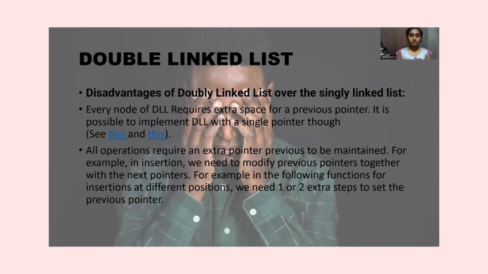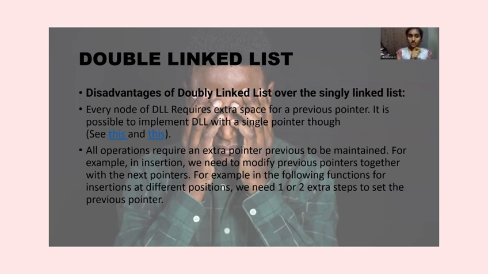And as usual, if there is some advantage in something, then definitely there would be some disadvantages as well. So now we will know the disadvantages of a double linked list over a single linked list. Every node of the double linked list requires extra space for the previous pointer. It is possible to implement a double linked list with a single pointer.